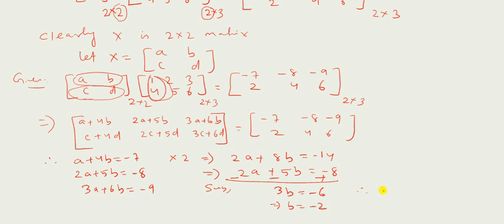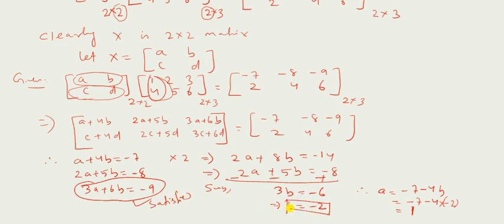If I put the value, A will be -7 minus 4B, so -7 minus 4 into -2, which is -7 plus 8, which is 1. Now this is for testing purpose, you need not solve it. If I put B equals -2 and A equals 1 in the third equation, it will be 3 minus 12, which is -9. So this is satisfied. Hence I get B equals -2 and A equals 1.